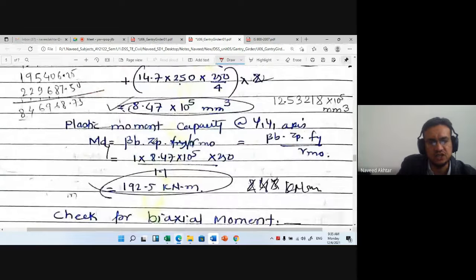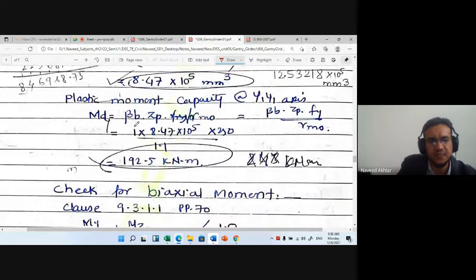Again, this is the ZP value you can put here, beta B ZP FY upon gamma M0, for the plastic moment capacity of the flanges. So MDY is equal to beta B is 1, ZP we have to find out, that is 0.47 into 10^5, and this FY is 250 for yielding criteria, and for LD gamma M0 is 1.1.